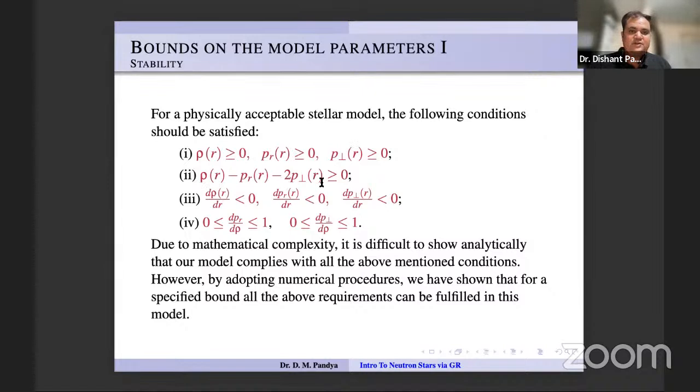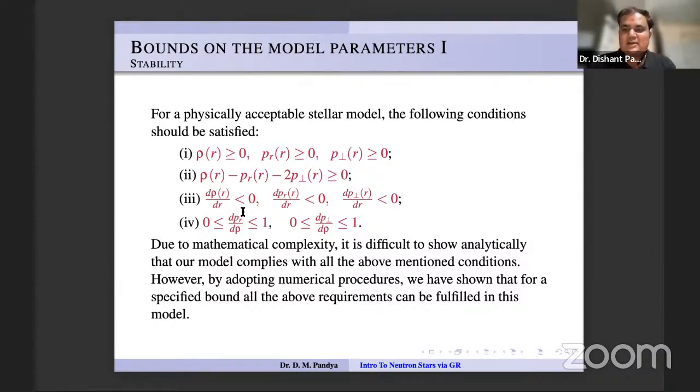Condition number 2 is the strong energy condition, rho minus PR minus 2p per. Condition number 3 is the gradient condition, d rho by dr, which should be less than 0. And condition 4 is about the hydrostatic sound speed squared: dpr by d rho should be between 0 and 1, and similarly dp per by d rho should be between 0 and 1.